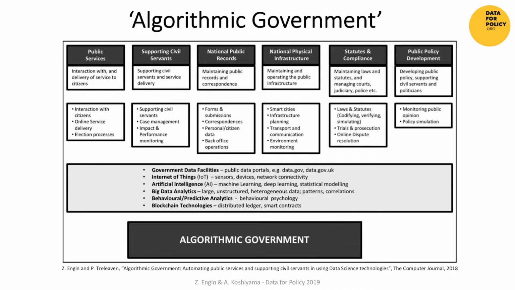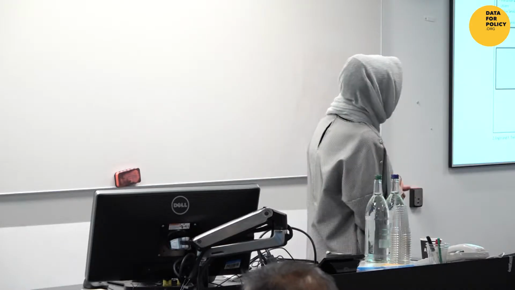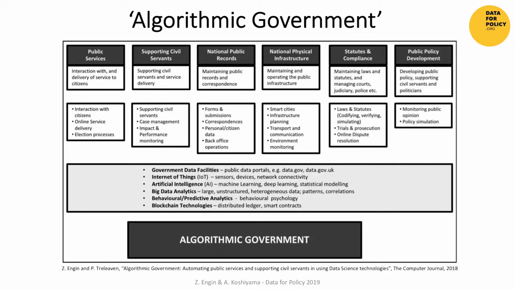Since it's the Data for Policy conference, I wanted to first show this table. I know it's a big one, but basically this is a taxonomy of different government functions that Philip Trilevan here at UCL and myself have brought together, and this has been recently published in the Computer Journal.